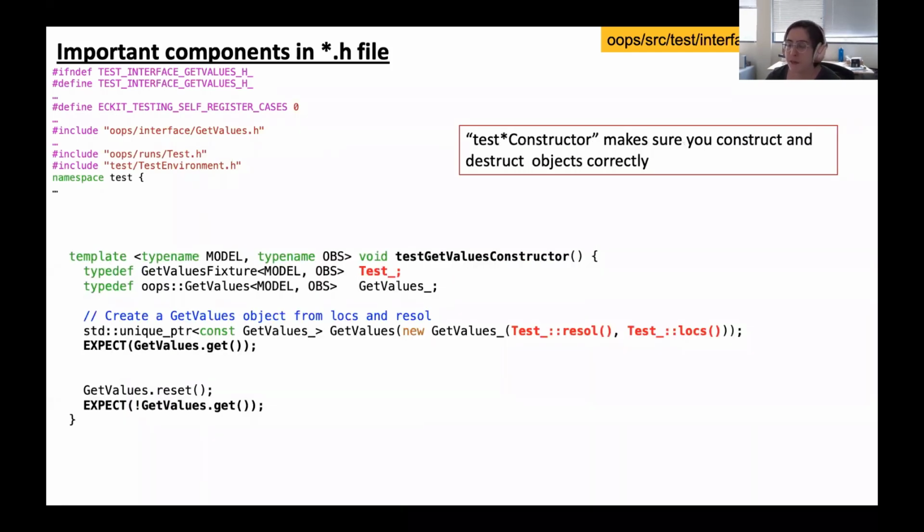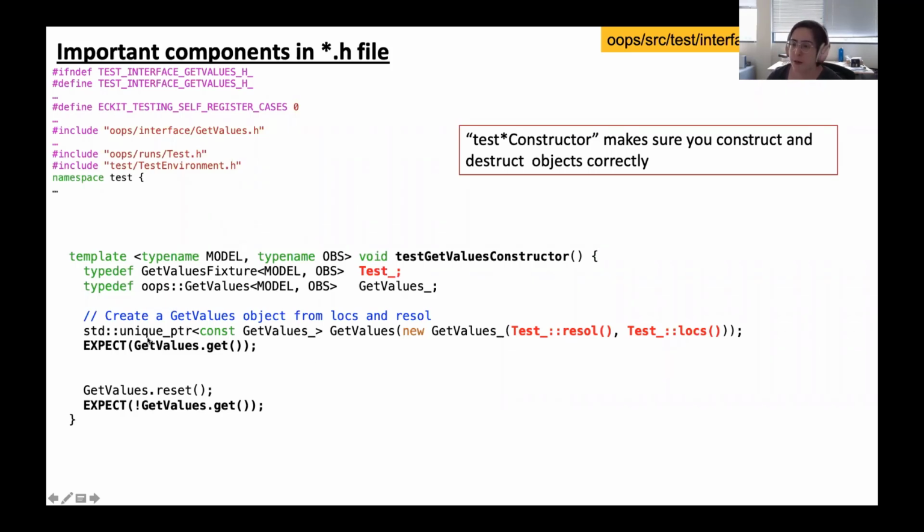Another function that you will see in different header files is the test constructor. Here it's called testGetValues, which is the name of this header file, constructor. The purpose of this is to make sure you construct and destruct the objects correctly.